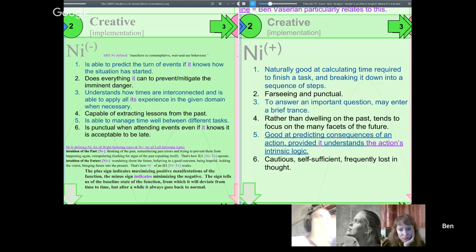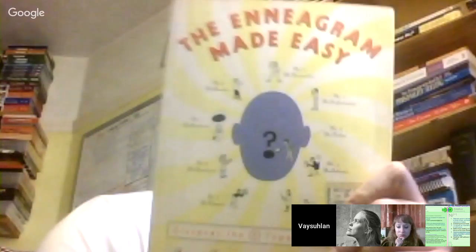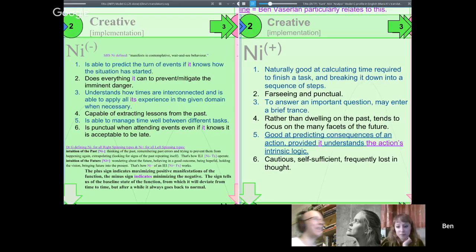In this book here, The Enneagram Made Easy by Baron and Wagele, they gave an example of the 4, and it was a man with a scarf, and he looked like an NF4, and it's like he remembered every single insult. And I thought, that's like me. Every single insult from the past. So again, if they're 4, they might dwell in the past.